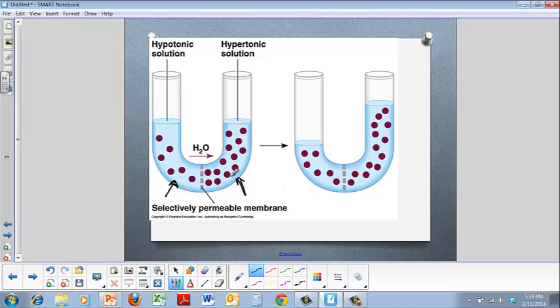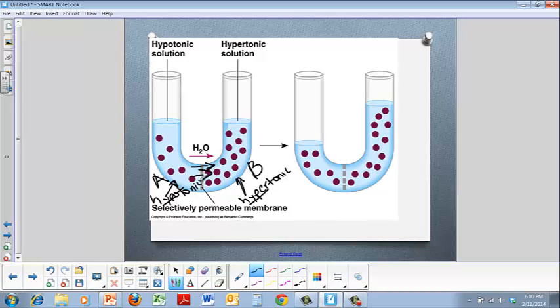We now know that this side, we're going to call it side B, is hypertonic to side A. We're going to call this A. Because side A is hypotonic to side B. Now, when this happens, remember, water is going to move from hypo to hyper. So if we know that side A is hypotonic, then we know that water should be moving this way.